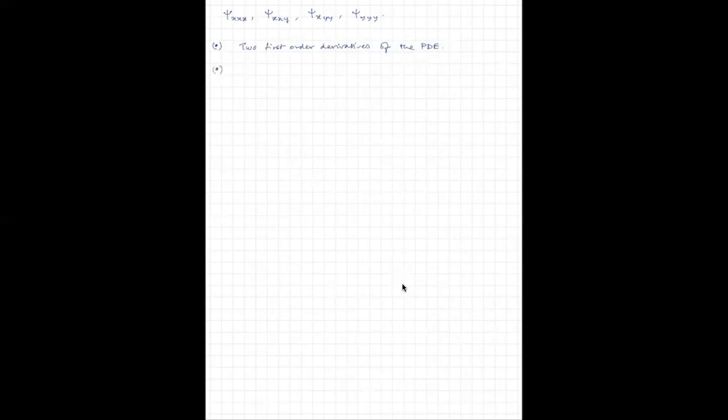And second is knowledge of psi xx, psi xy, psi yy along the curve.